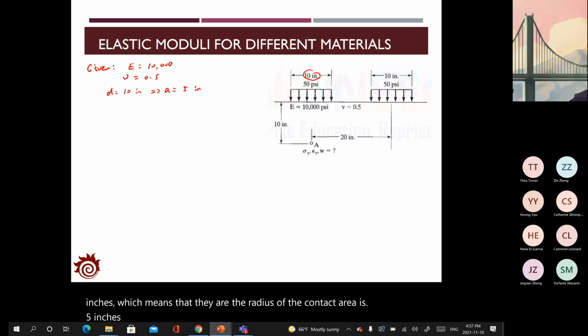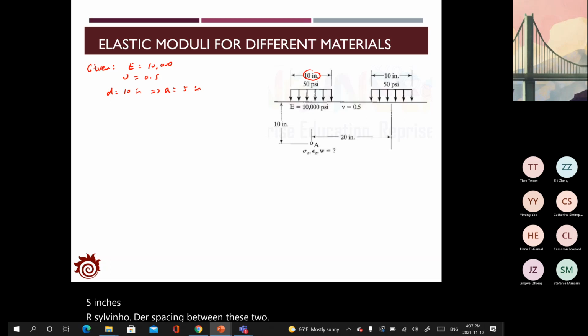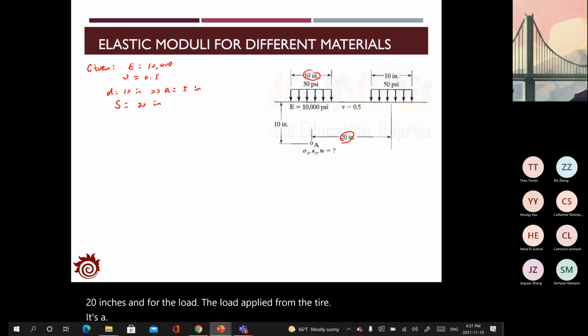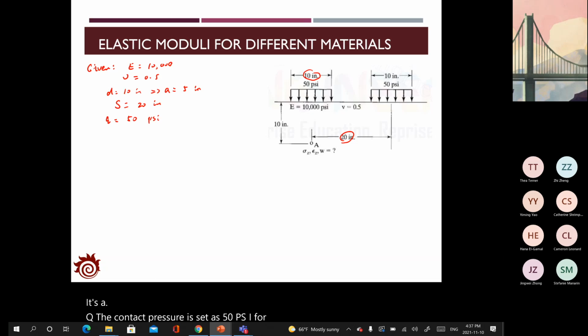Also, we know the spacing between these two tires is 20 inches. And for the load applied from the tire, q, the contact pressure, is set as 50 psi for both tires.